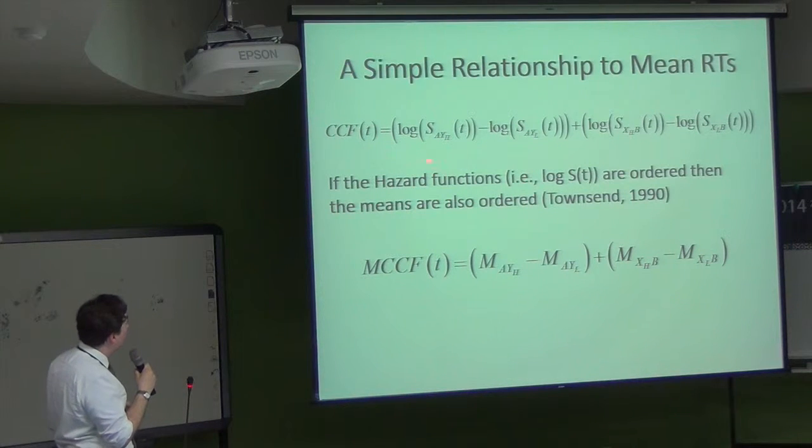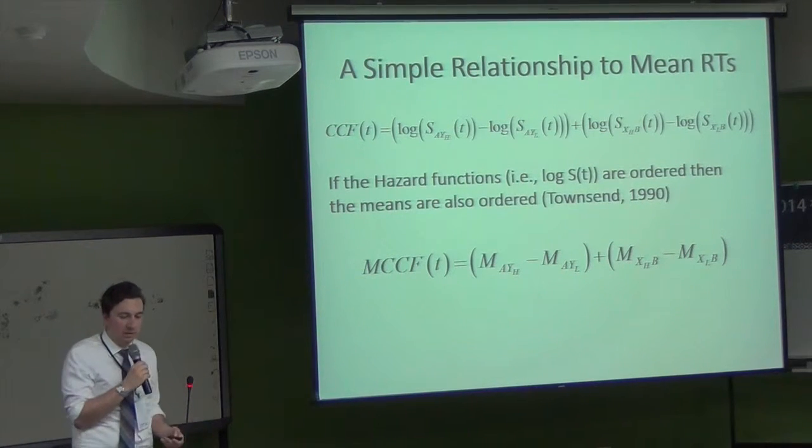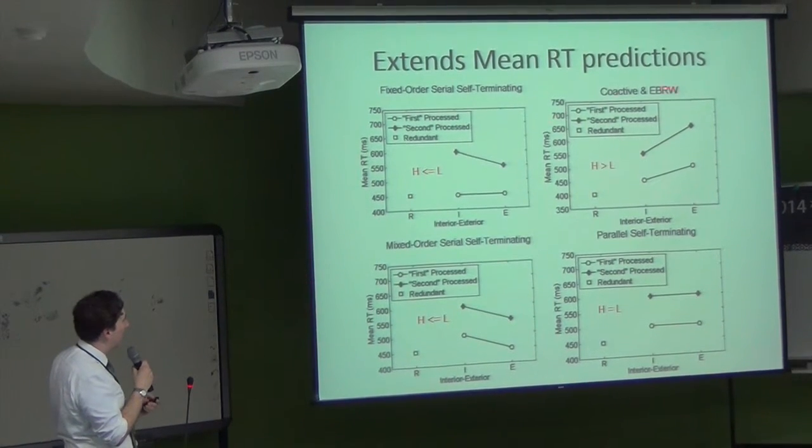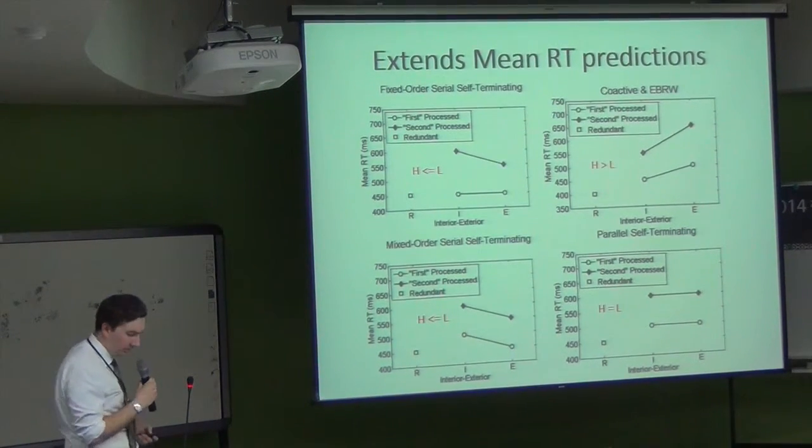So, in effect, if this relationship is true, then we can simplify that and look at something I'm calling the mean conflict contrast function, where you can just look at a simple difference between the means to get some idea about the directionality of things. And that maps back to these predictions that we saw falling out of the parametric versions of these models.